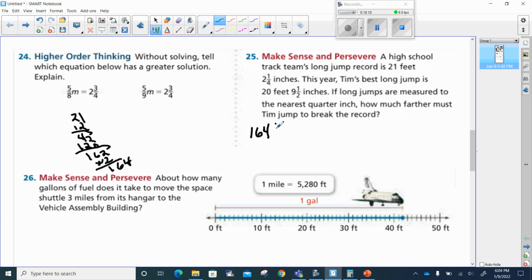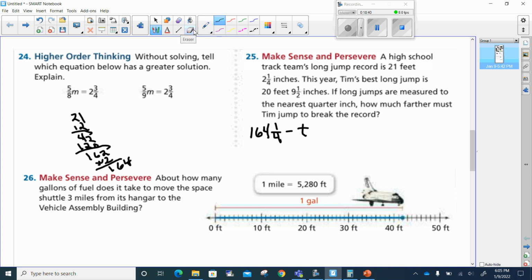And 1/4 inch. Okay. And now let's see, it says this year Tim's best long jump is 20 feet and 9 1/2 inches. They're asking for how much farther, so you're going to have to subtract.